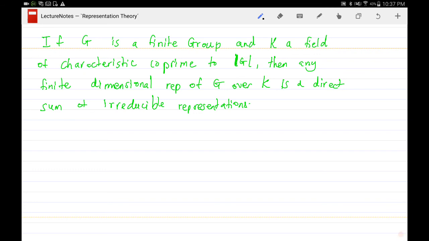And so what this means is that in order to study the representation theory of finite groups, what we need to understand are the irreducible representations. Of course, the elephant in the room is that we're not going to say anything about indecomposable representations.